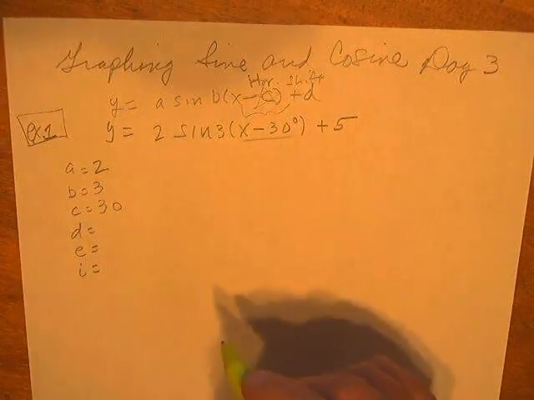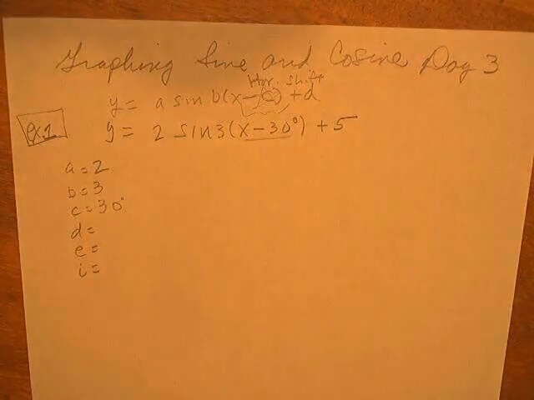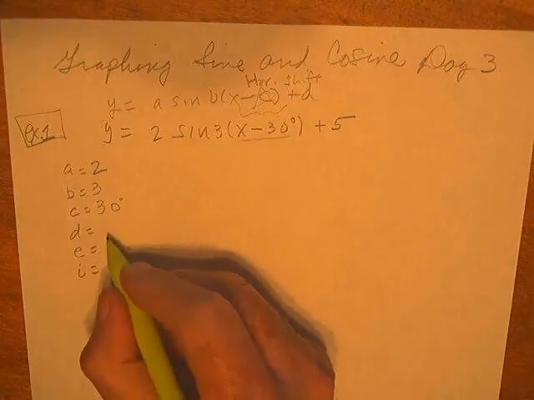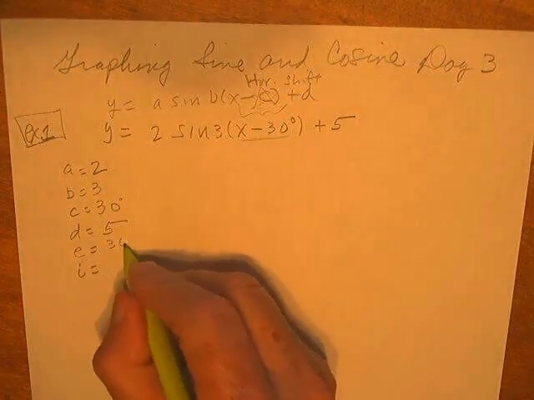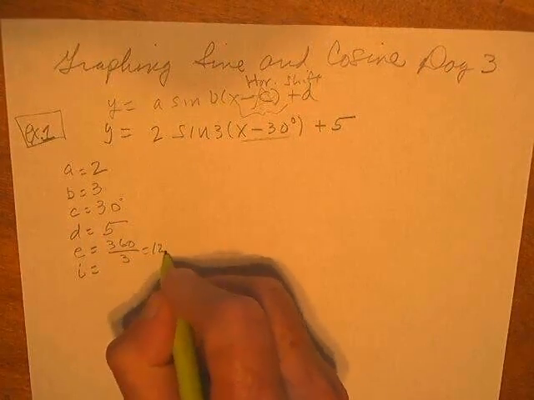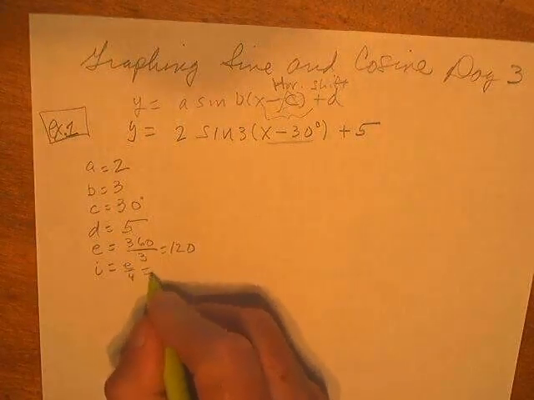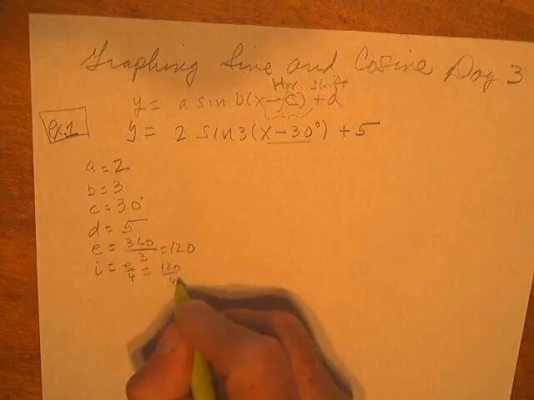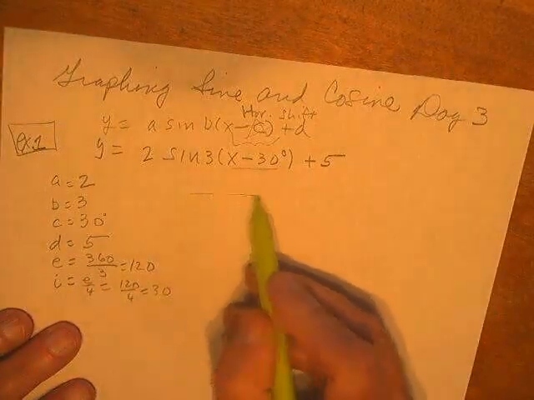So it's positive 30, not negative. That's degrees, of course. Let's see, D is 5. E is 360 over 3, which is 120. I is E divided by 4, which is 120 divided by 4, which is 30. Okay? And now we can graph it.